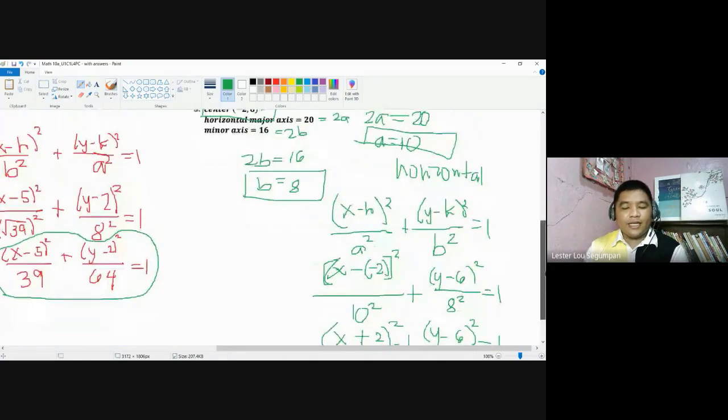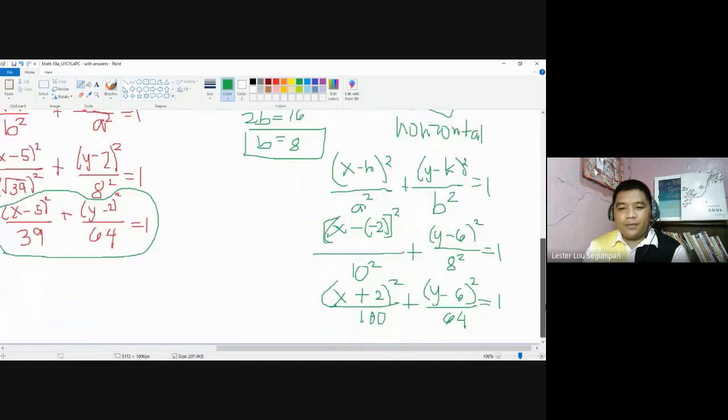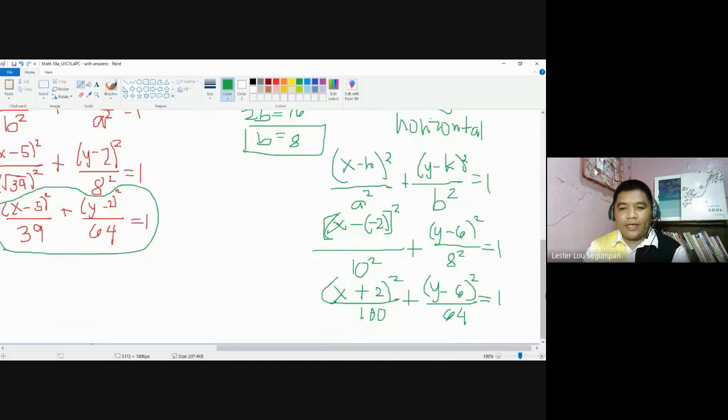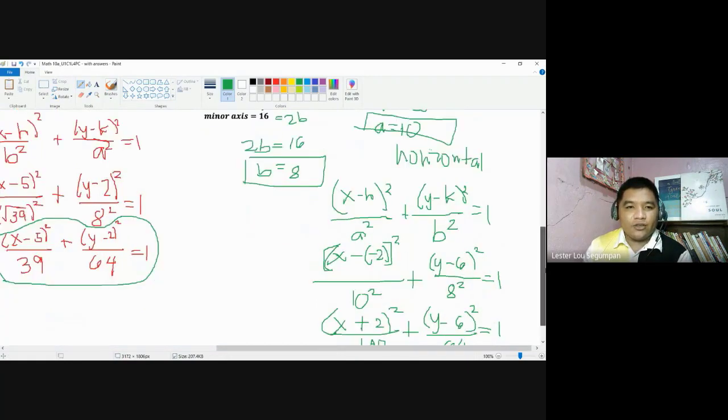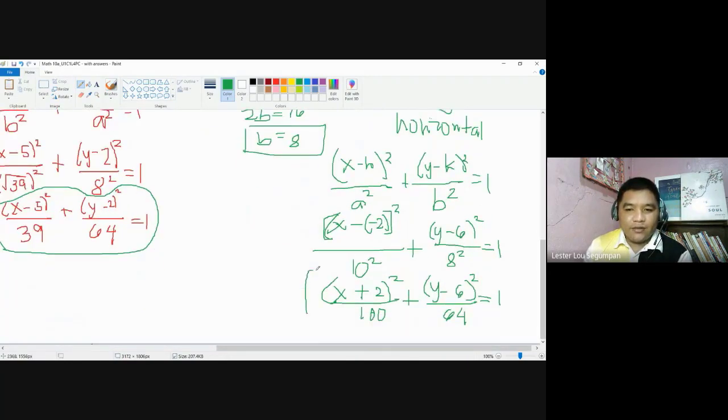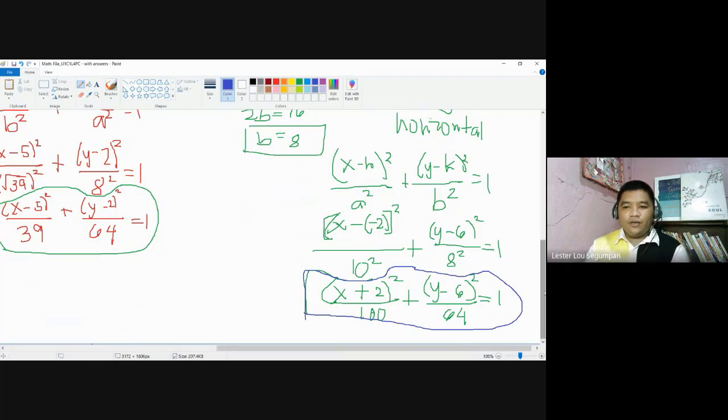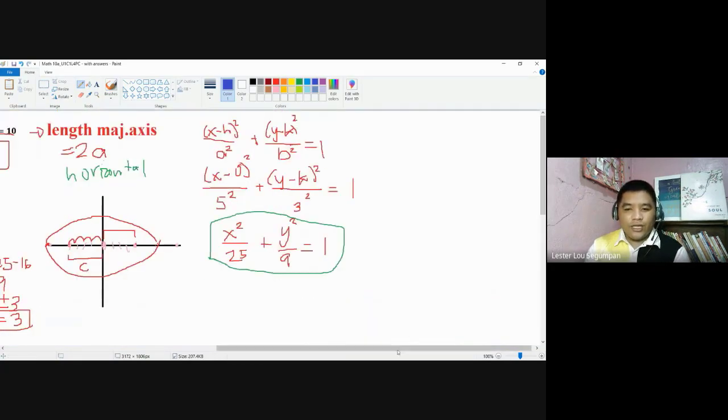The only difference is again the determination of the double negative property here, and definitely the use of your orientation. This is the standard form for number 3. Please use this video as you start working on your worksheets.